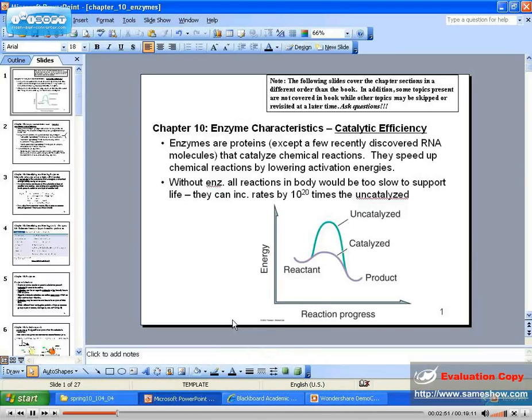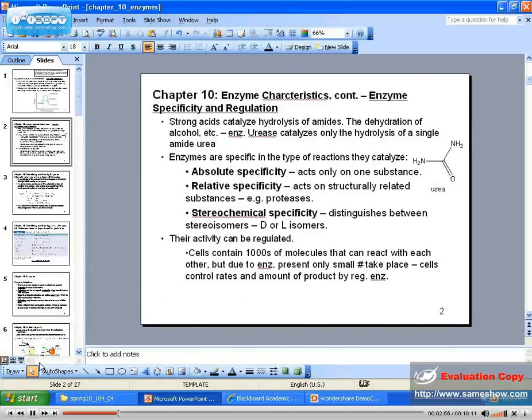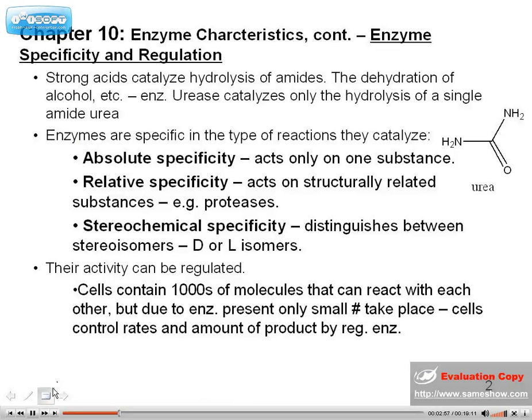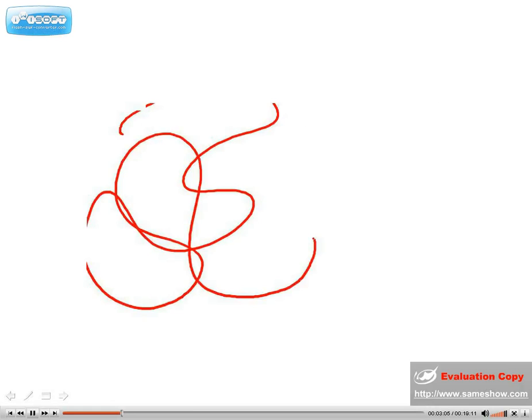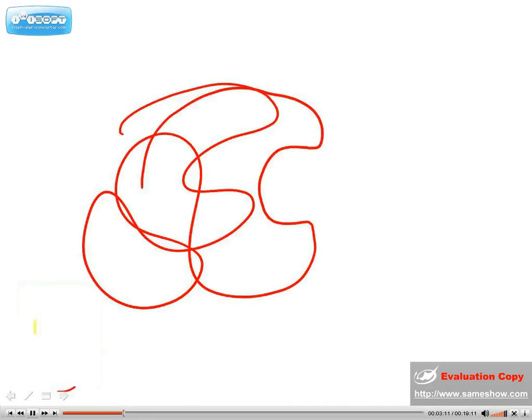Now, showing you a nice picture. If I can get the screen. There we go. Again, here is our protein catalyst. I'm going to go ahead and highlight the yellow area.